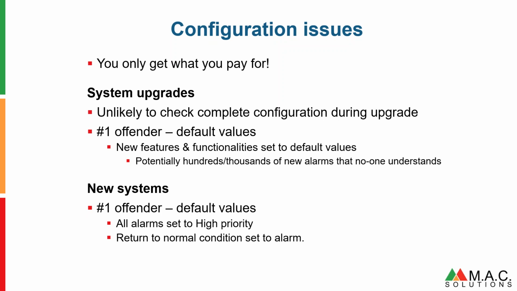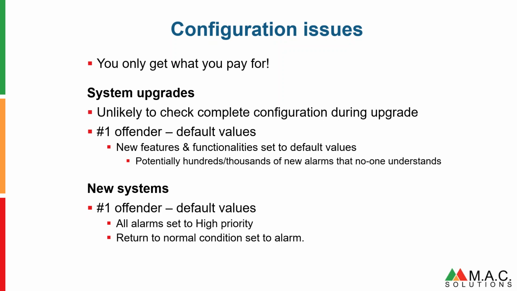We'll set them by default because we can't go through 30,000 alarms and change all these parameters individually. So I've seen systems where a new system was installed and all priorities were set to high priority for every alarm by default. Instead of doing individual alarm priorities dependent on the consequence and time to respond, they simply set them all to high because it was quick, easy to do, and therefore achievable within budget.